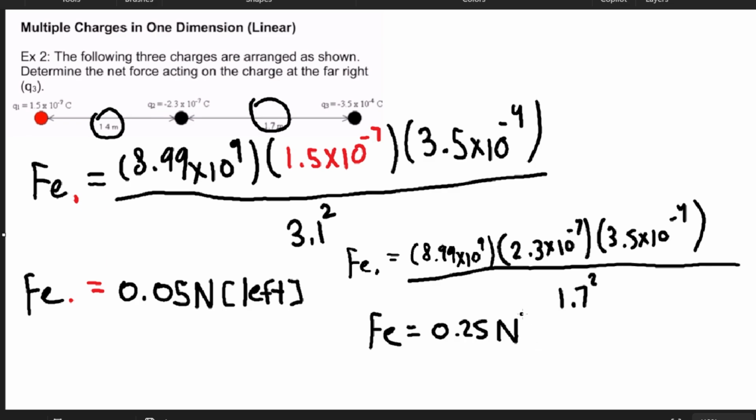So we get about 0.25 newtons, and because these are both negatively charged, this one does not want to go there. It's going to go away from there. So this will be right.